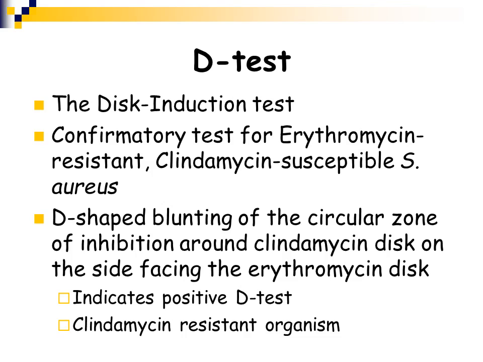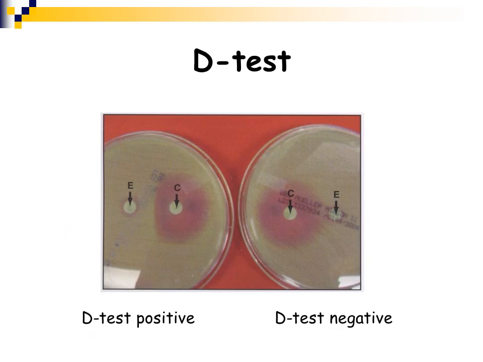Even though the machine called it clindamycin susceptible, it's really clindamycin resistant. So here's an example of your D-test, where the discs technically need to be a very specific distance apart. You don't want them right close to one another, where they'd be able to each have their correct zone.